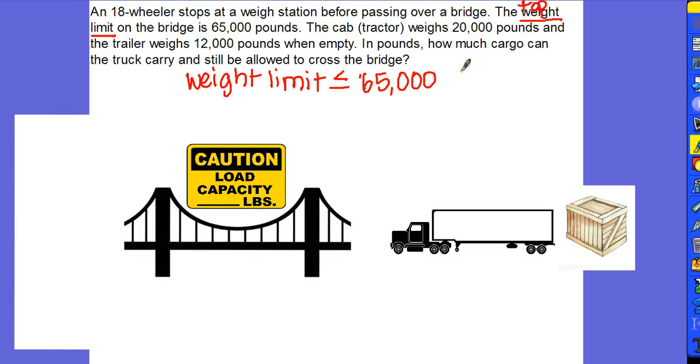The less than or equal to 65,000, right? Because we don't want the truck to go on it if it weighs 80,000, right? Because it'll maybe crash into the water or the gorge or whatever the bridge is going across. So I know we have a capacity of 65,000 pounds. Capacity is another word that's a weight limit. Okay. All right. So let's define our variable. Let's let x equal something. What are we looking for?